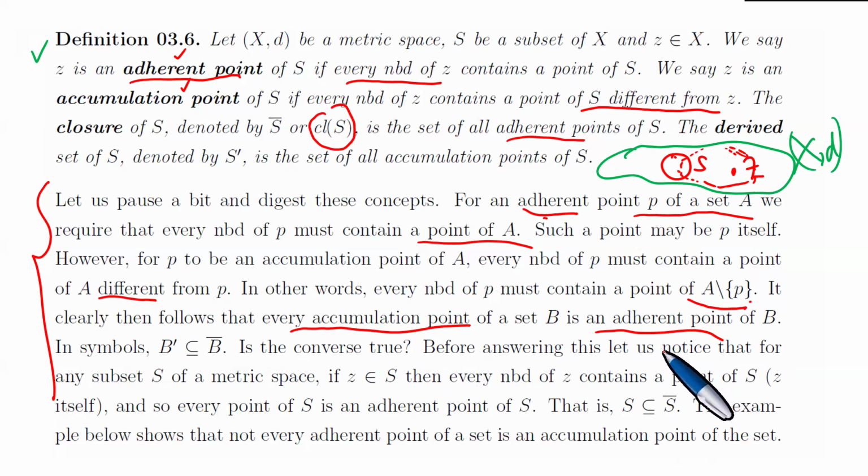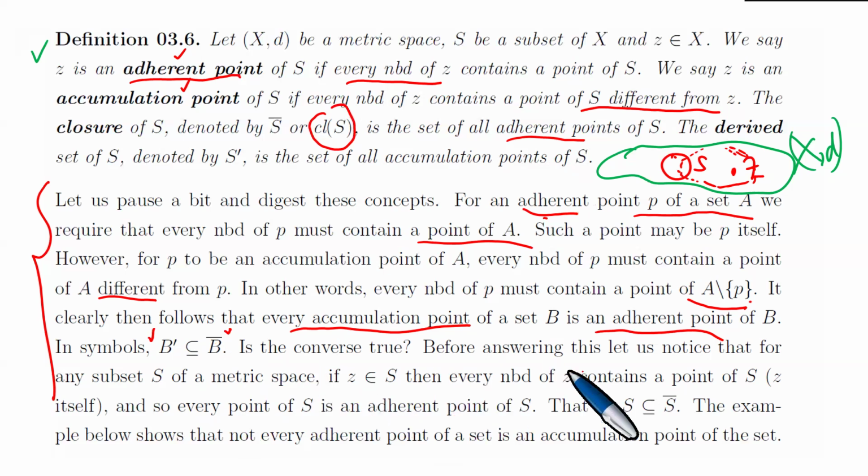In symbols, we can then say the derived set of B is a subset of the closure of B. Let's process this one. The derived set of B is a subset of the closure of the set B. We're trying to interpret these concepts that are very close to each other.